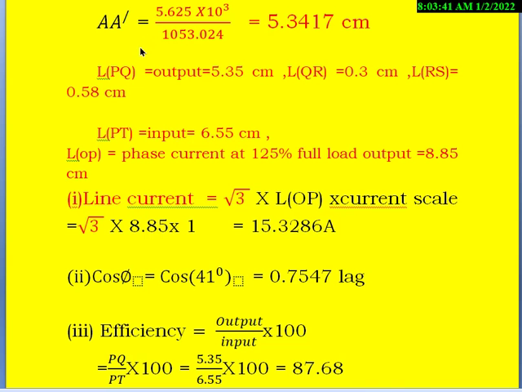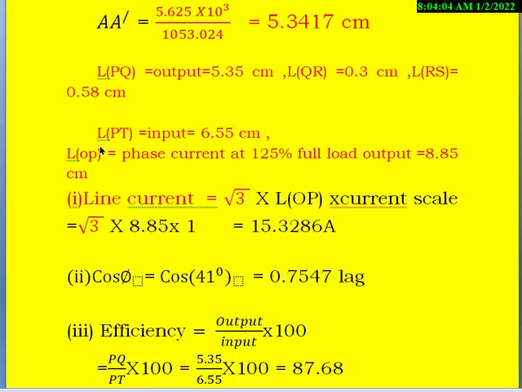So when we measure the distance PQ, which represents output, that is 5.35 centimeters. Similarly, QR is 0.3 centimeters, and RS is 0.58 centimeters.